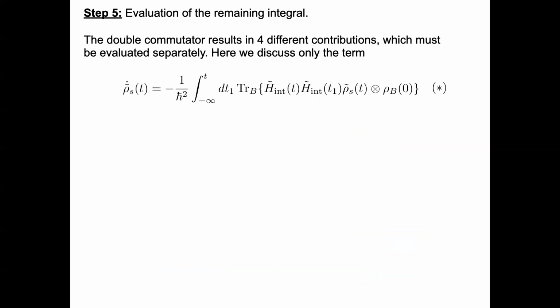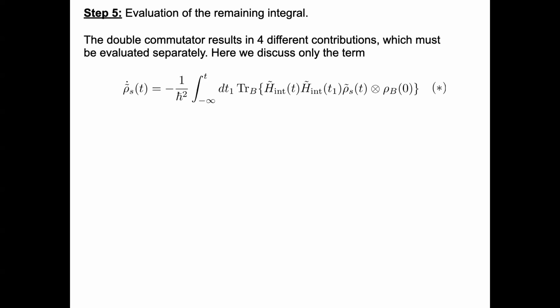And yeah, so evaluation of the remaining integral. At first look, there are all these double commutators and a lot of terms in there. We can always make it a little bit more systematic, but in principle we have a double commutator. We started with this double commutator.